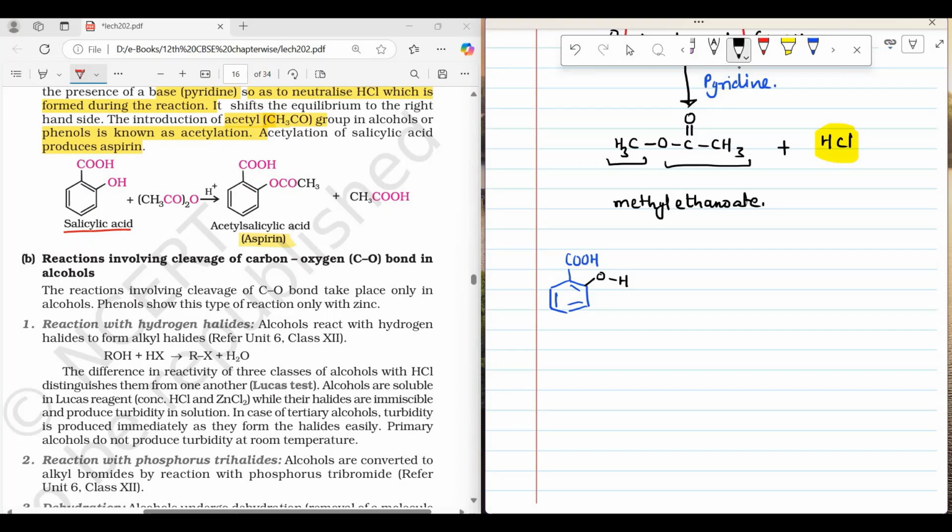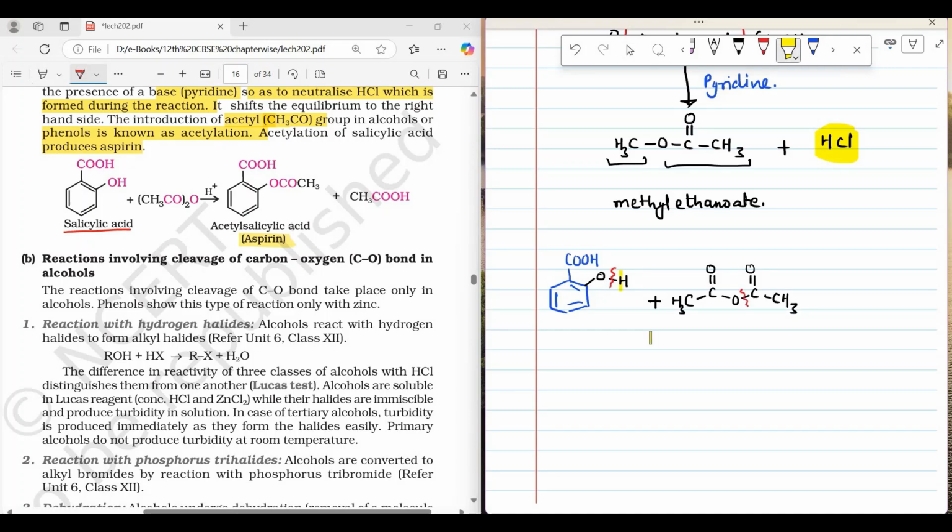When it reacts with acetic anhydride, so this is acetic anhydride, CH3 C double bond O, O C double bond O, CH3. This is acetic anhydride. So we know you have to break the bond between oxygen and hydrogen of alcohol and oxygen and carbon bond of acetic anhydride.